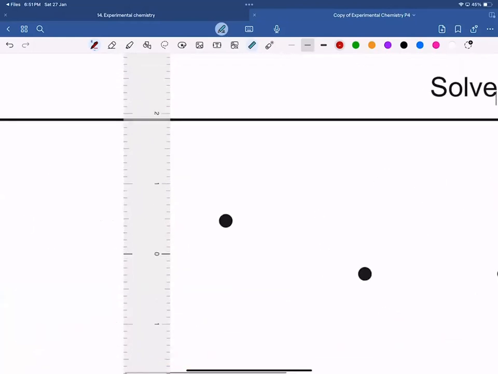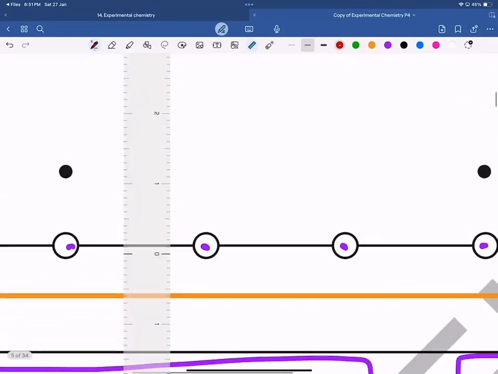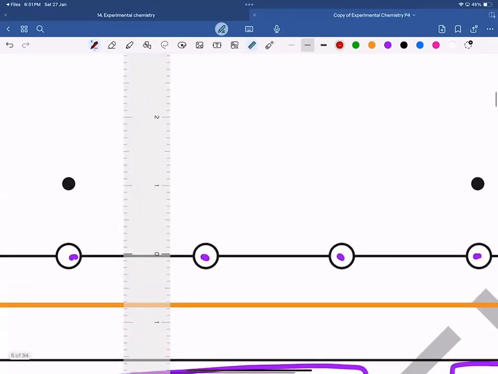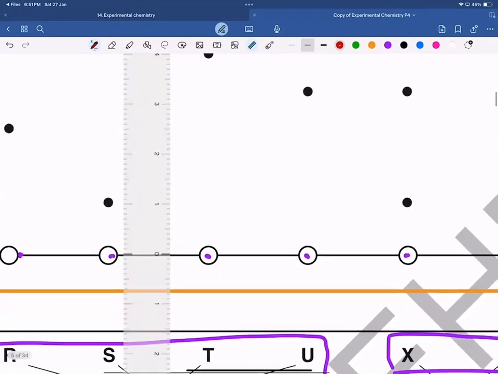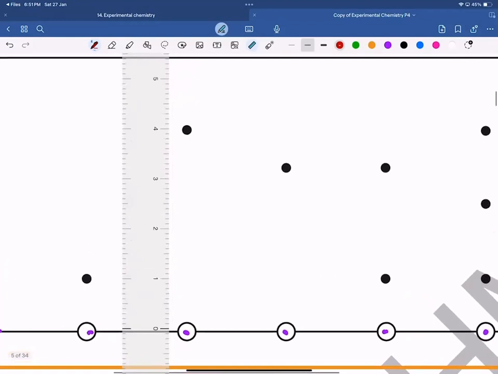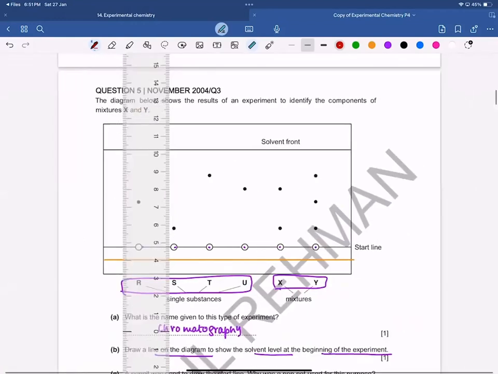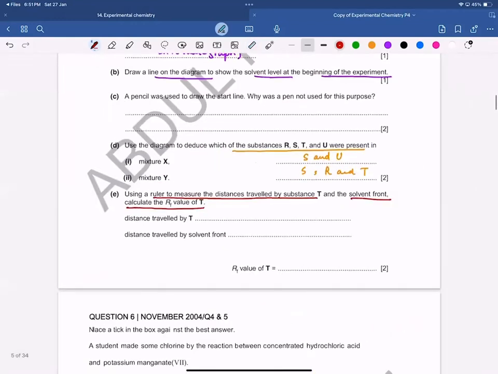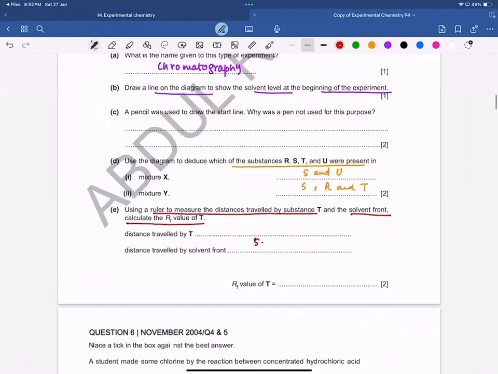Let me zoom in. See, it's 5.5. In the same way you will do it with your ruler. So the solvent front is 5.5, and the distance of T is 4.